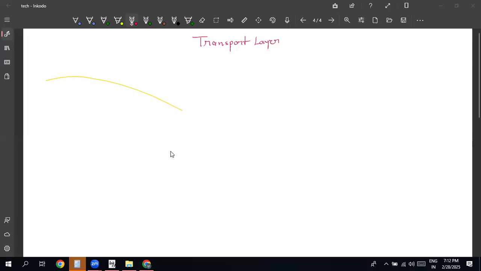Guys, please don't annotate on the screen. Just this. Somnath, can you remove this scratch over the screen? Okay, let me do this. Yeah, fine.